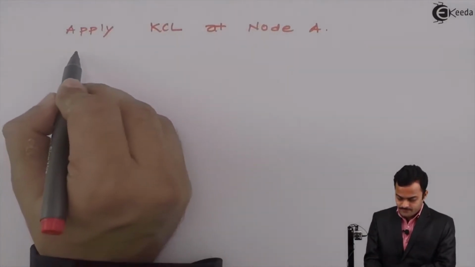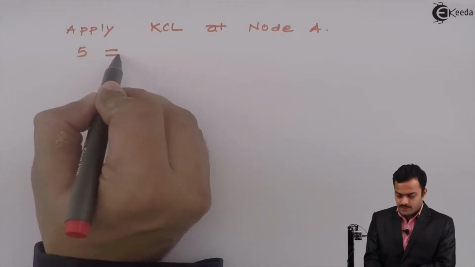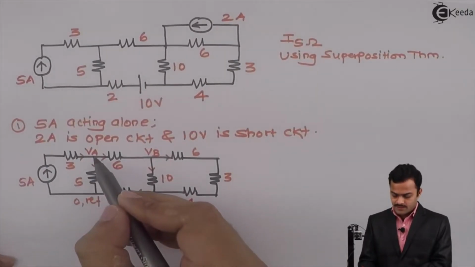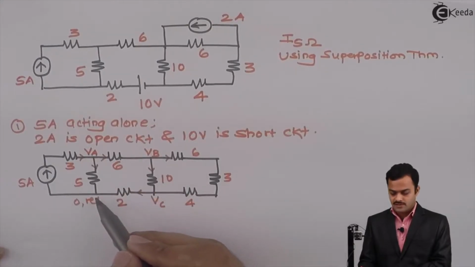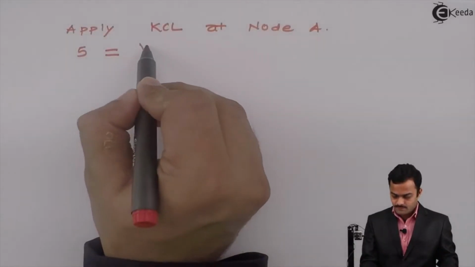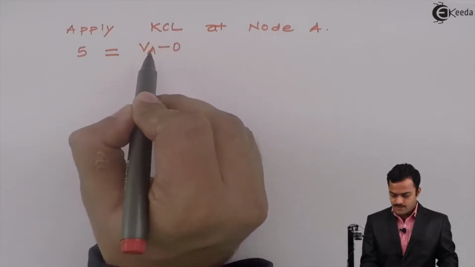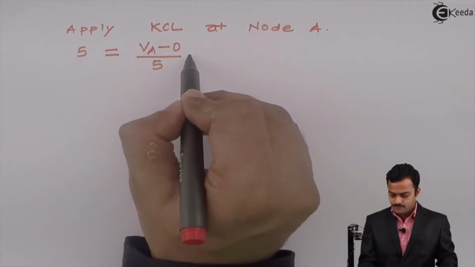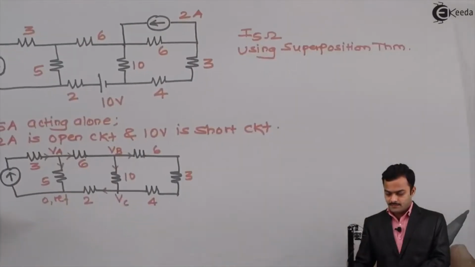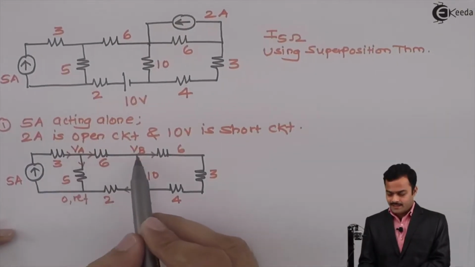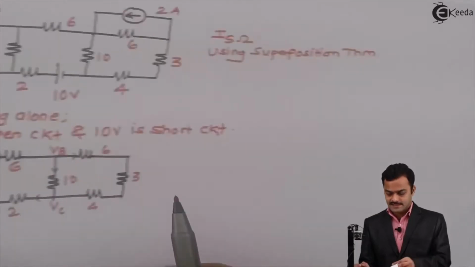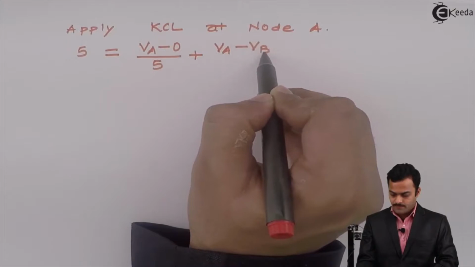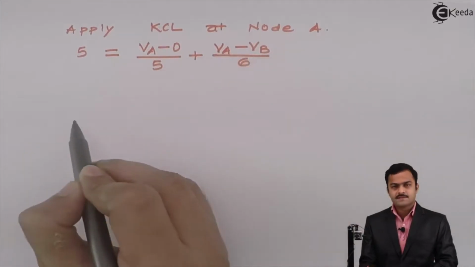So 5 is the incoming current, equal to the outgoing currents. Two outgoing currents are there. One starts from VA and ends on the reference. So the equation is VA minus 0 over 5 ohm, the resistance connected to that branch, plus the second branch starting at A and ending on B having a resistance 6, so VA minus VB divided by 6.